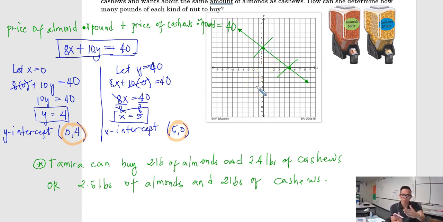So you have to get the one in between, which is 2 and 2.4, and then 2.5 and 2. That is how you use your standard form for linear equation in solving word problems, in graphing, and interpreting the word problem that we have.